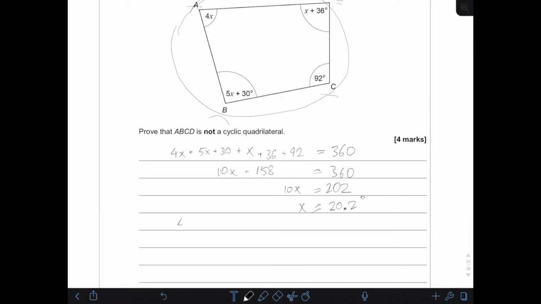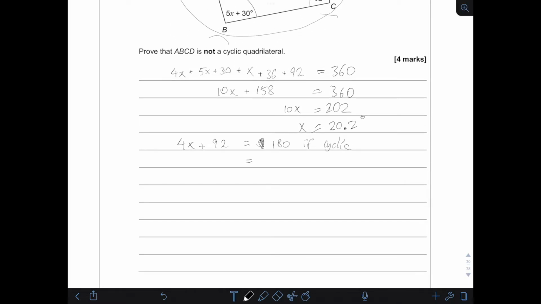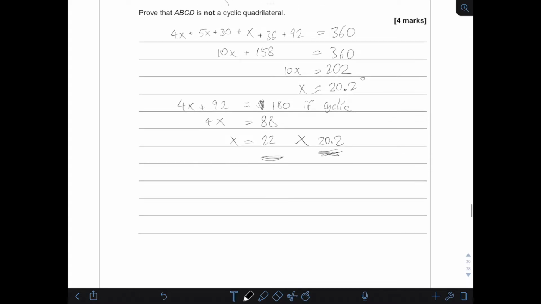So all we're trying to say is 4x plus 92 has to be equal to 180 if cyclic, which means that if we do the calculation, we have 88 is 4x, and x equals 22, not 20.2.